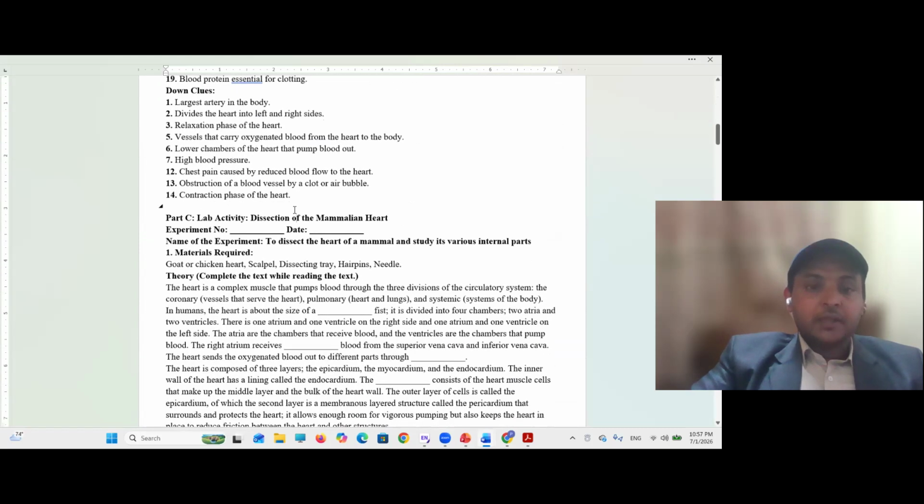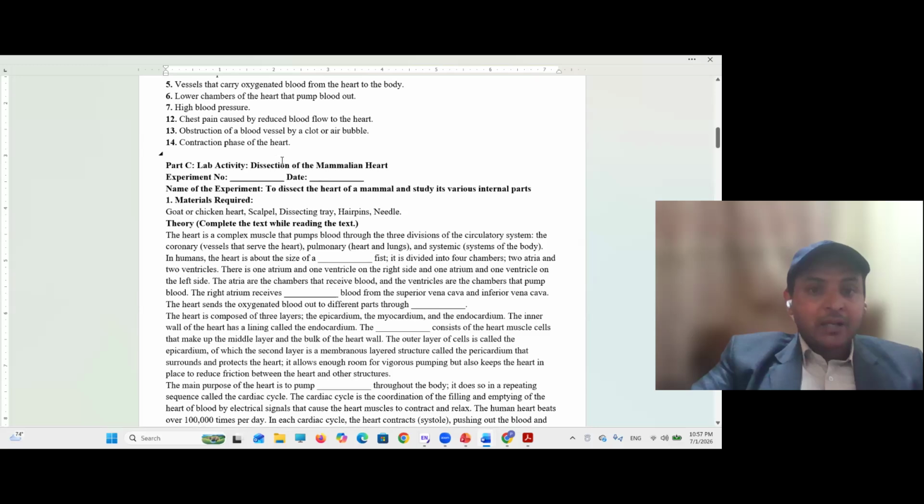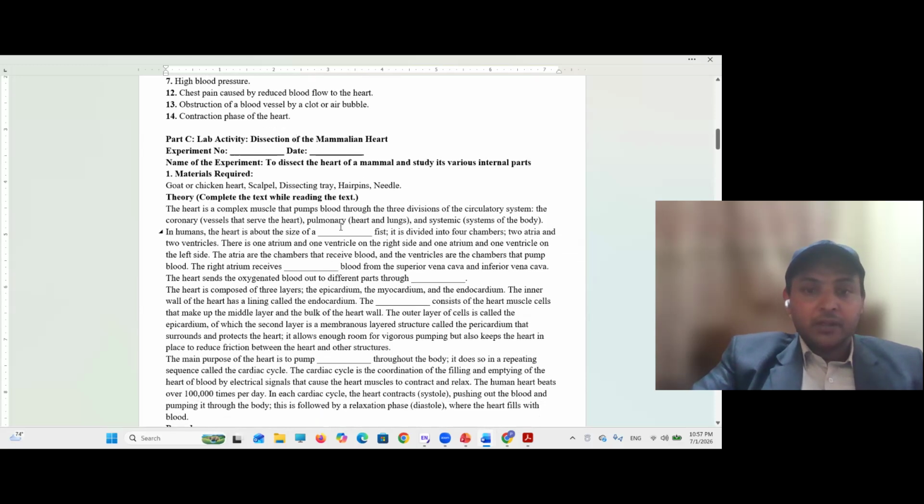After this, they will be asked to do the dissection of a mammalian heart, maybe a sheep heart, and that will be provided to the students. In the theory section, they will learn this paragraph, and there are some gaps left in the paragraph. They will guess the word and write it here.